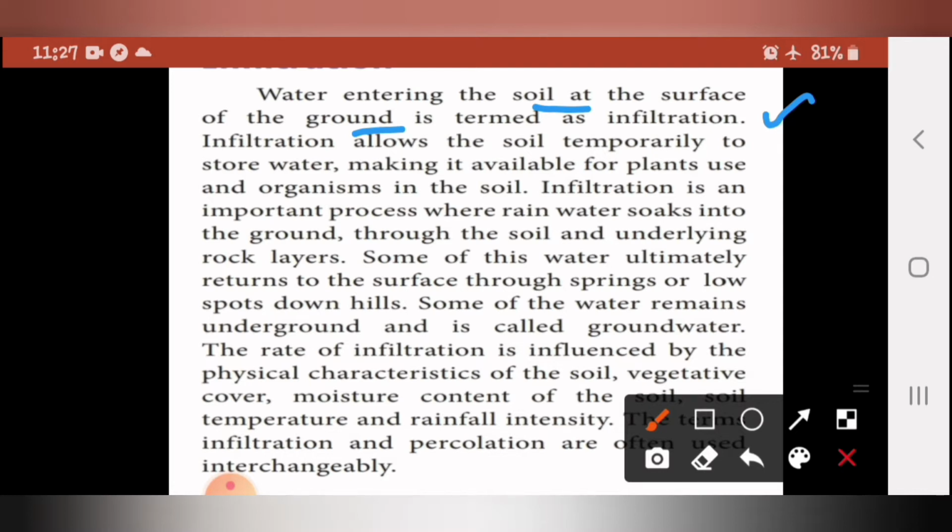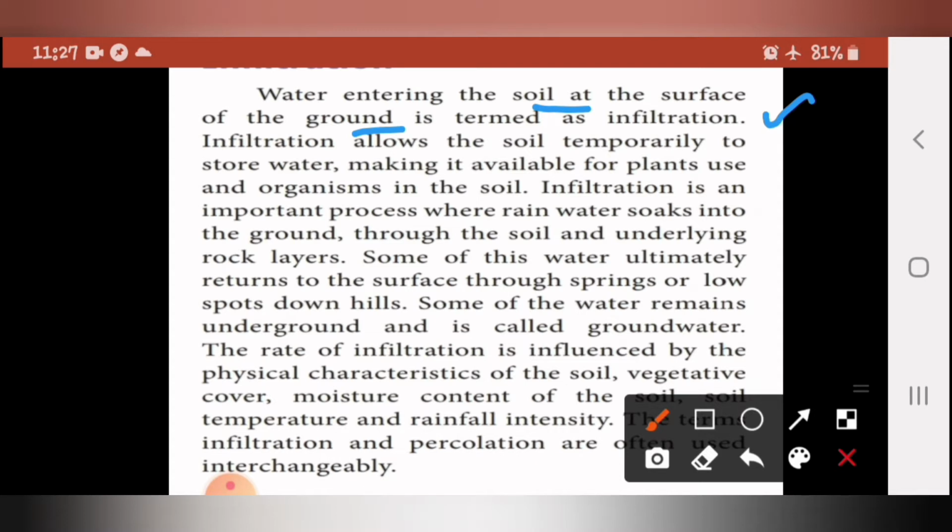Soaking is nothing but seeping throughout the soil and underlying rock layers. Some of this water ultimately returns to the surface through springs or low spots down hills. Some of the water remains underground and is called groundwater.